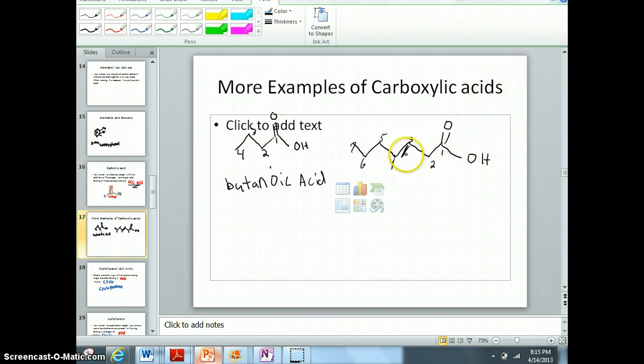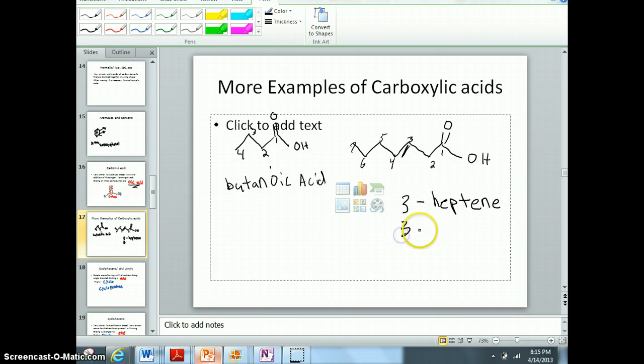Alright, look at this one. Basically the same, except now all of a sudden we have a double bond here at the 3. So again, start with the carbon that is in the carboxylic acid. 1, 2, 3, 4, 5, 6, 7. So we have a root of hept. And remember, we have our double bond at our 3. So it'll be 3-heptene.